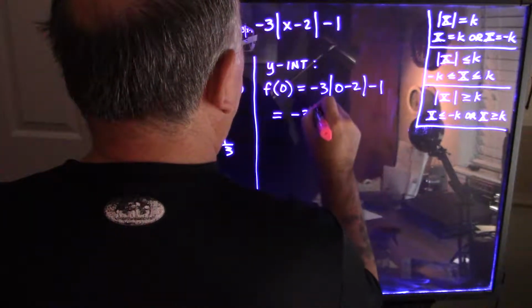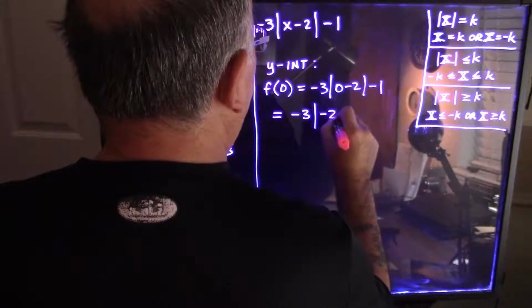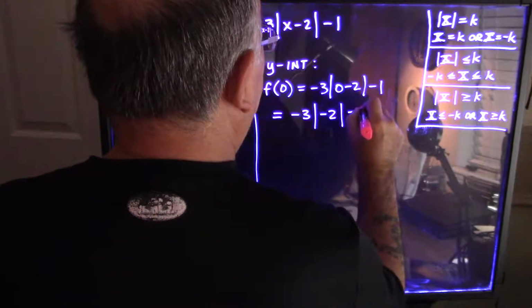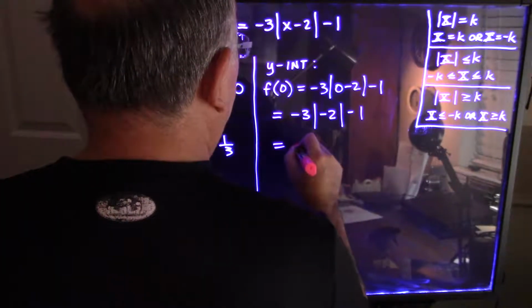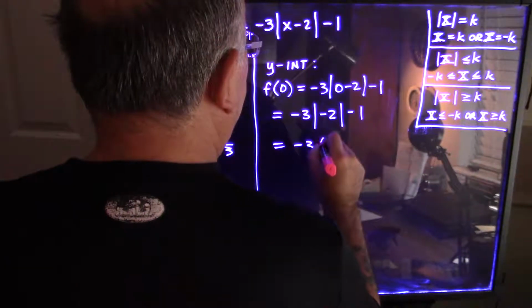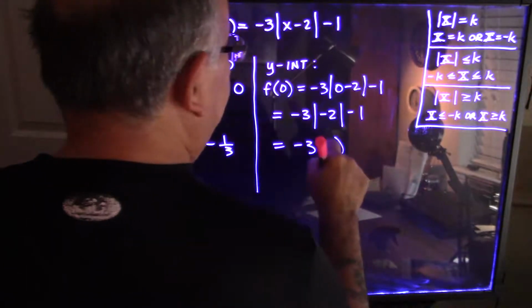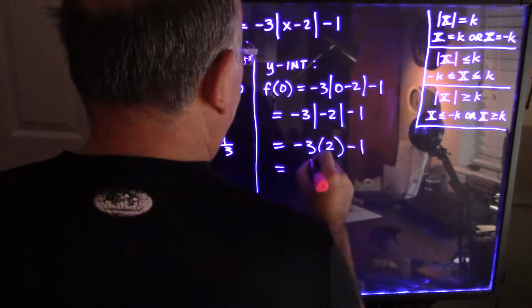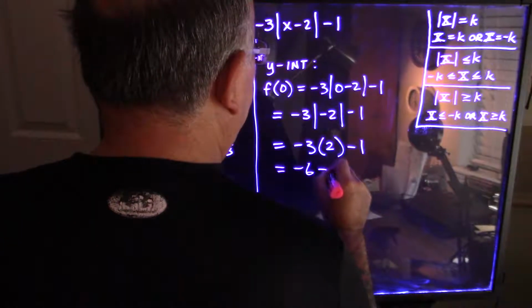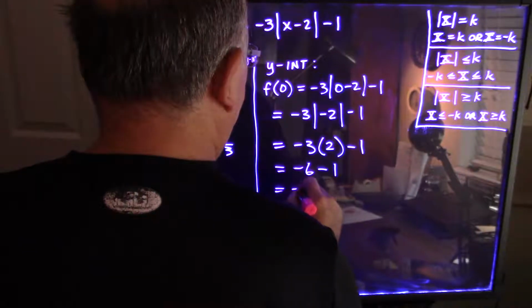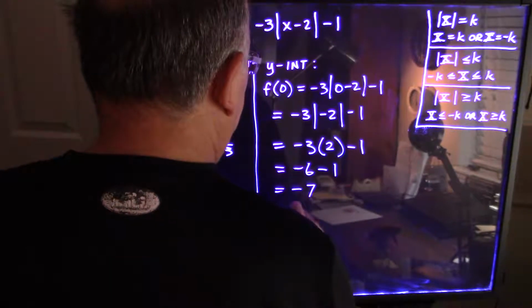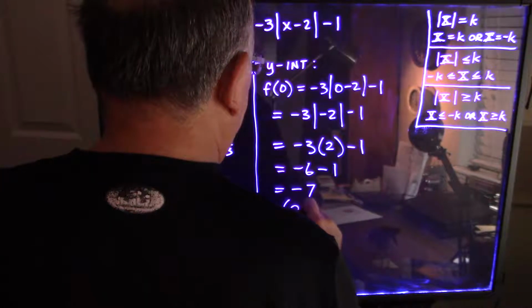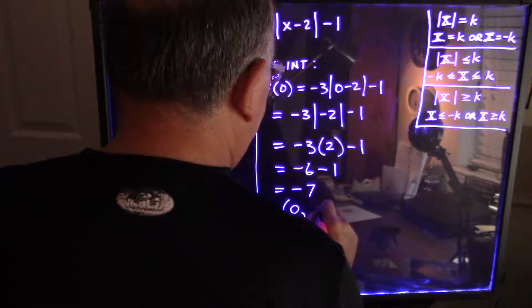And that's -3 times absolute value of -2 minus 1. -3 times positive 2, absolute value of -2 is positive 2, minus 1. So that's -6 minus 1, which is -7. So the y-intercept is 0, -7.